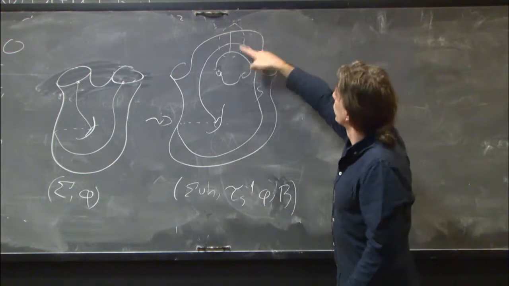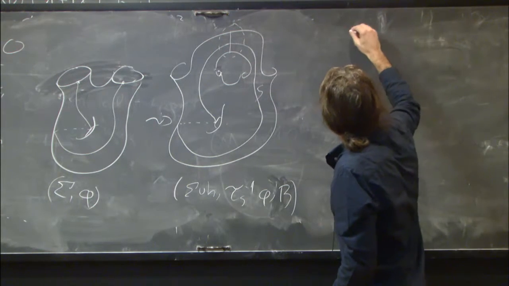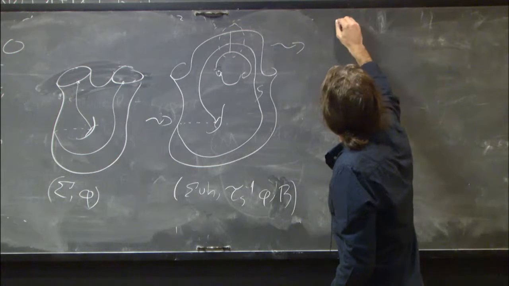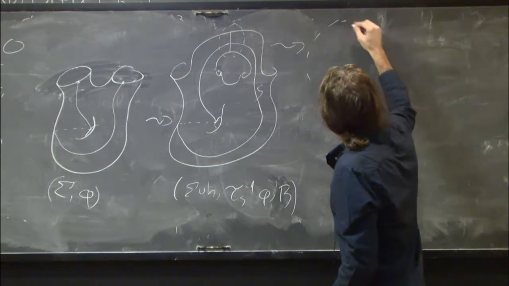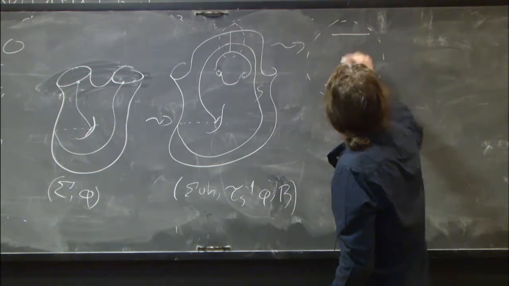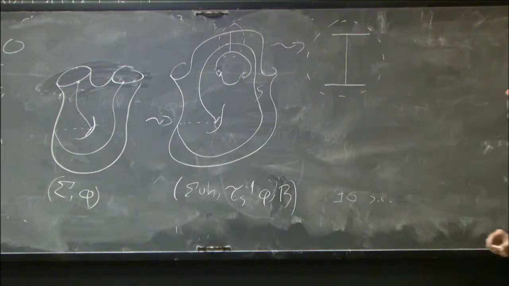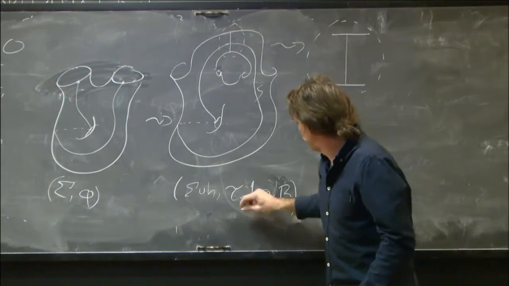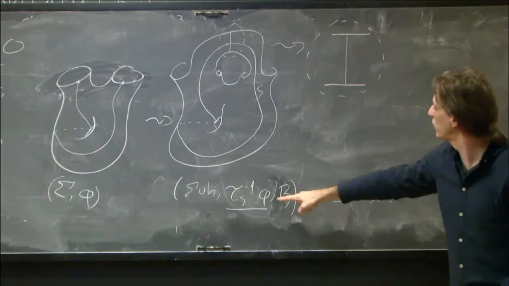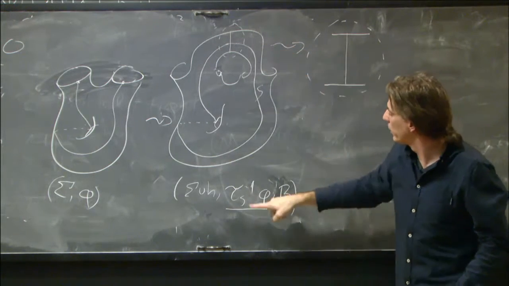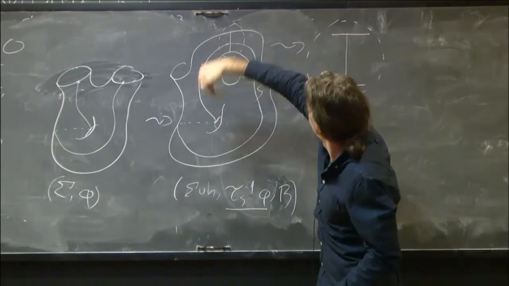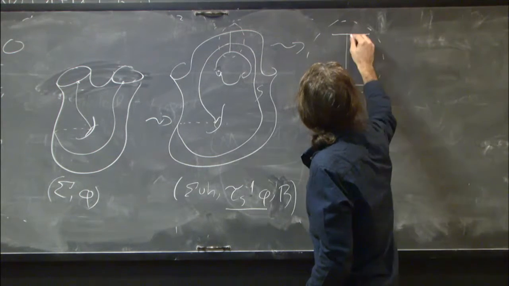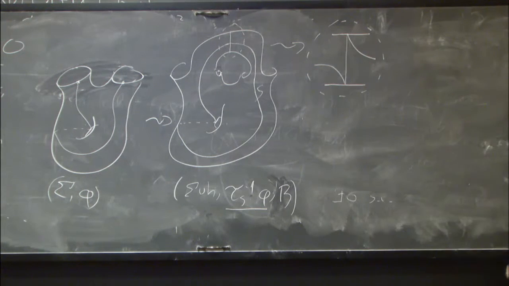Let me focus in on a neighborhood of this core and see what's happening. It's a properly embedded arc. I stick it in my basis. The image of it under my mapping class phi, of course, is the identity on the handle. Tau_S inverse then just pushes it off to the left in this simple way.